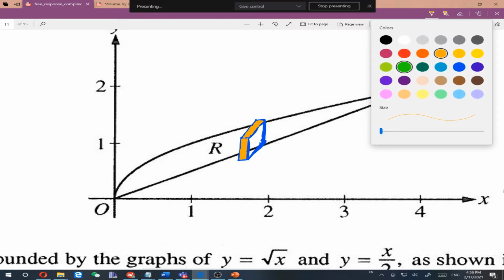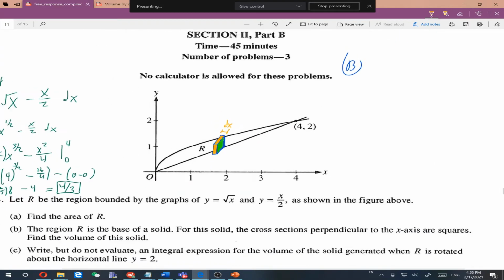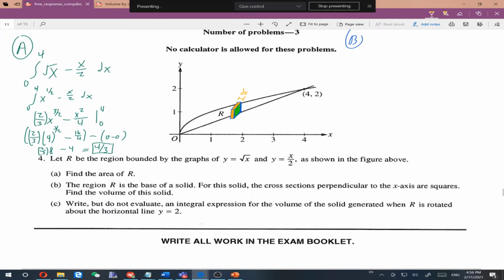So this space that I've just drawn in yellow is our infinitely small depth. And how wide is that depth? dx. And then cross-sections popping outside the page we said are squares.